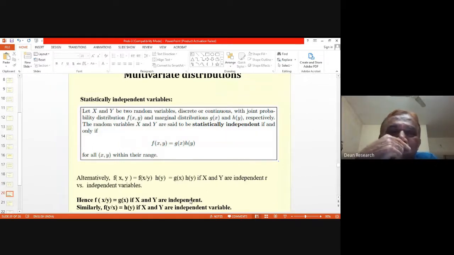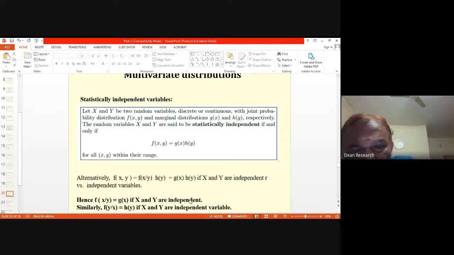Now we are slowly moving towards independence of variables. If the variables are not statistically independent, then we will have some sort of relationship between the variables x and y, and how to deal with that is what we will see in the next class in correlation.